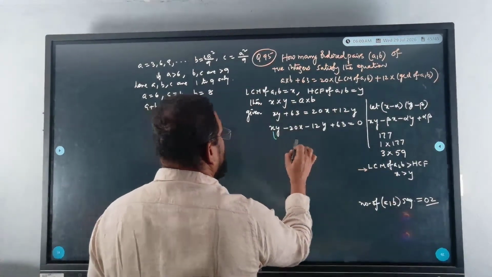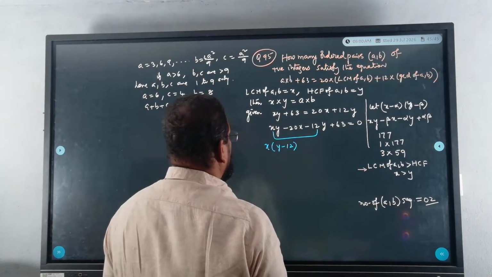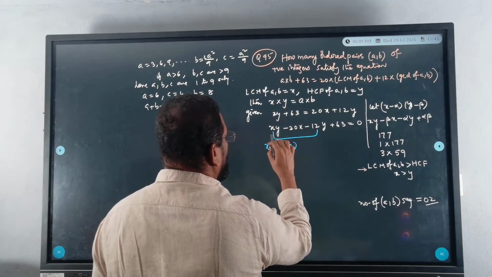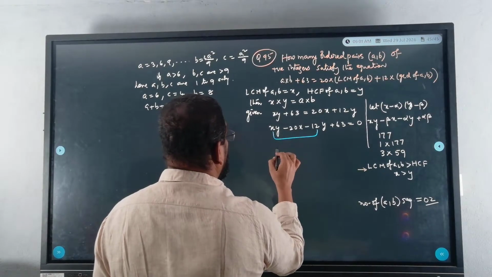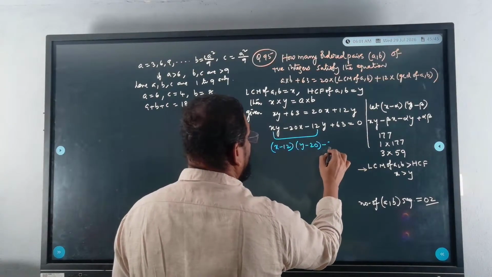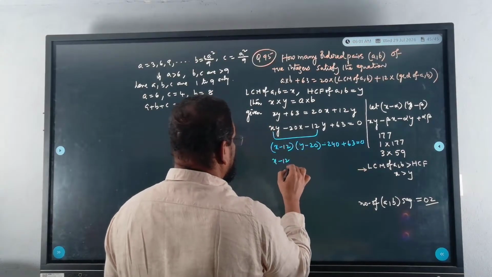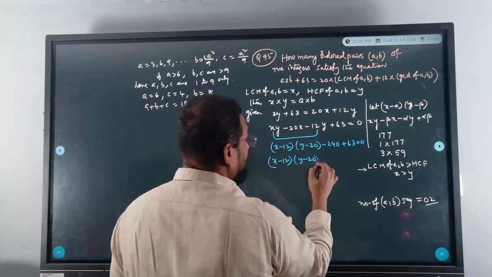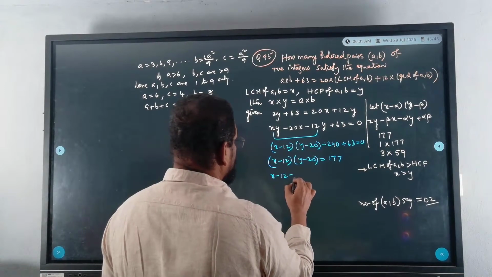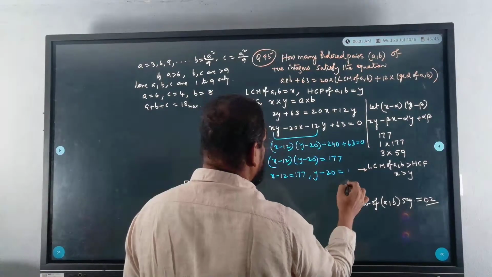Once observe here, from these two, y has common x minus 12. So this is x minus 12 into y minus 20 minus 240 plus 63 equal to 0. So x minus 12 times y minus 20 is equal to 177. So x minus 12 is equal to 177, y minus 20 is equal to 1.